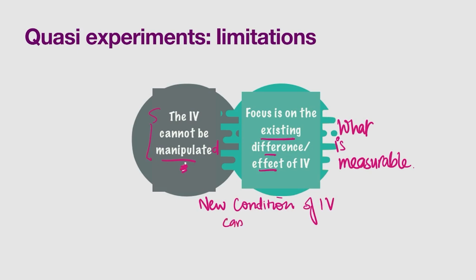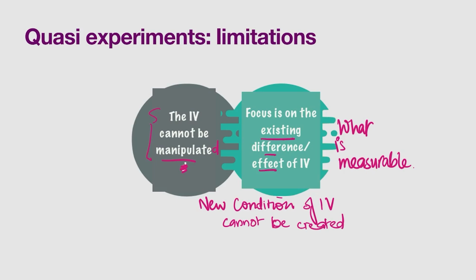The experimenter cannot create a new condition of the IV, so you cannot see how the dependent variable would react to any other conditions or situations of the independent variable, which means that the entirety of a natural experiment can end up being a little bit limiting. So for instance, in Baron Cohen's experiment with high functioning autism, because HFA was naturally occurring, there's no way that Baron Cohen could, for example, increase the degree of autism in a person, right?